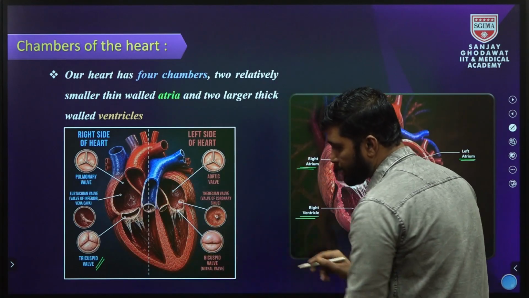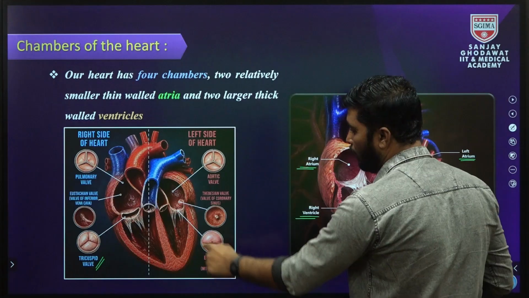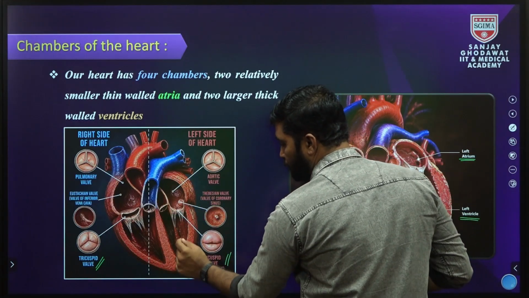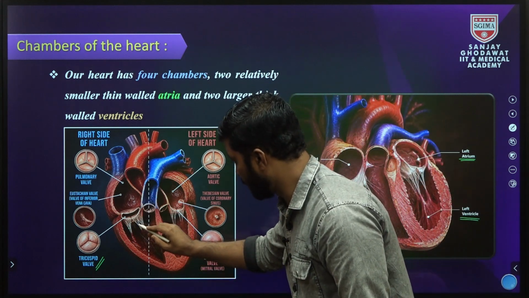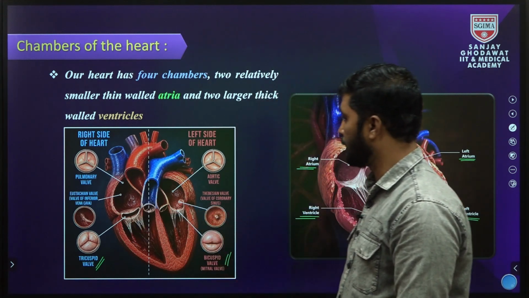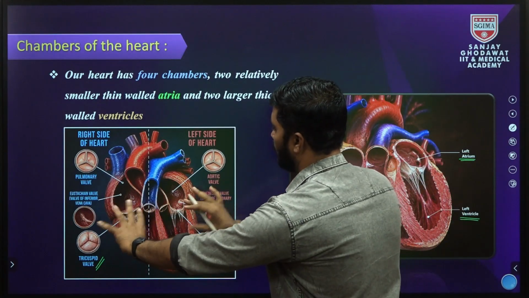And the bicuspid valve, or mitral valve, forwards blood from atria to ventricles and prevents backflow. This is the tendinae, cardiac tendinae, heartstrings. This is the valve.